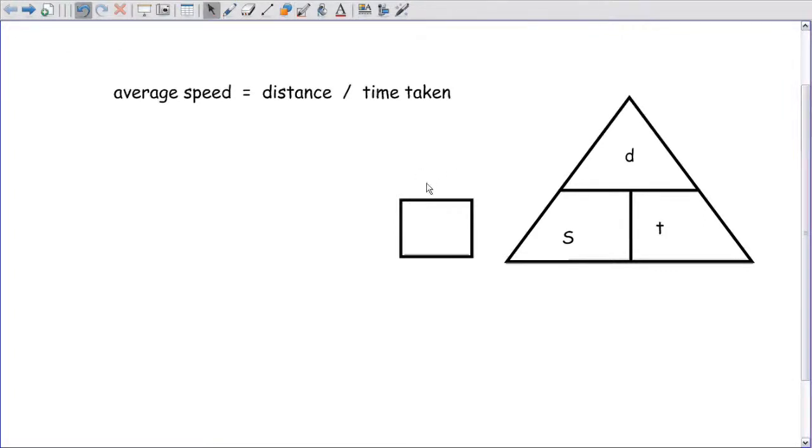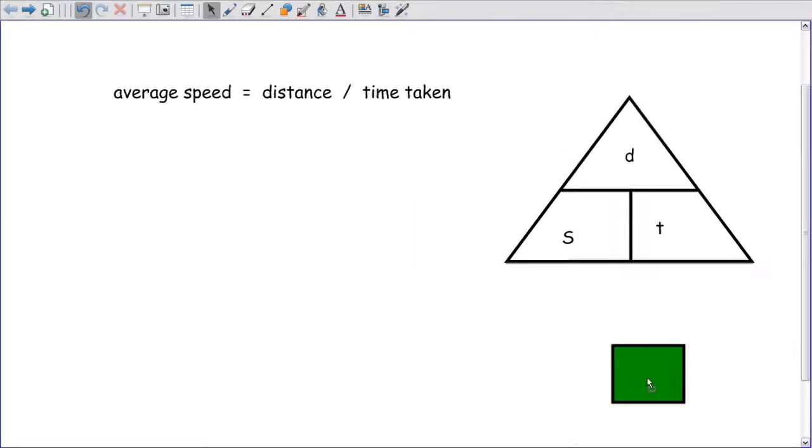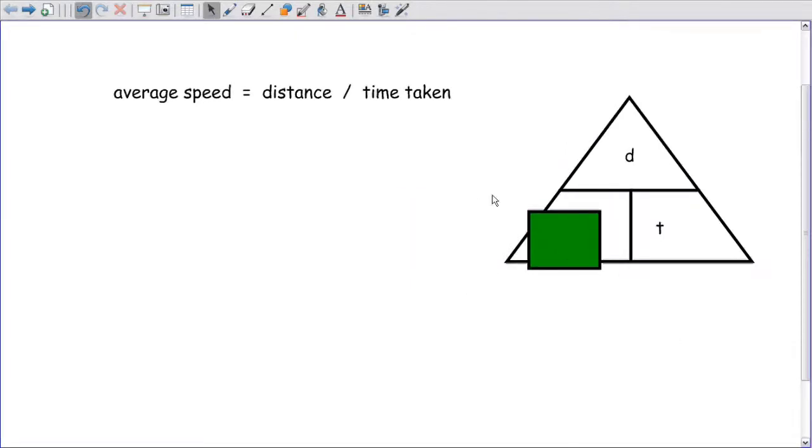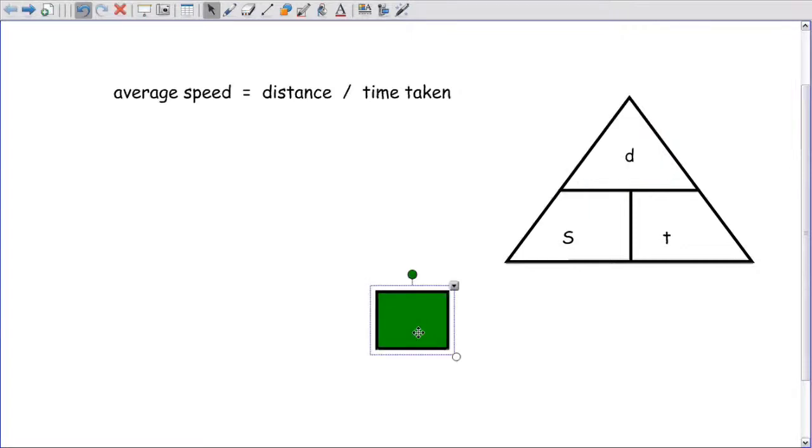So let's get myself a little square and fill it in just to remind you how these work. If I want to find the speed, I cover up speed, and that leaves me with distance divided by time, like here. If I want to find time, it is distance divided by speed. If I want to find distance, it is speed multiplied by time, because they're beside each other. It's like rules of algebra. So that's the triangle.